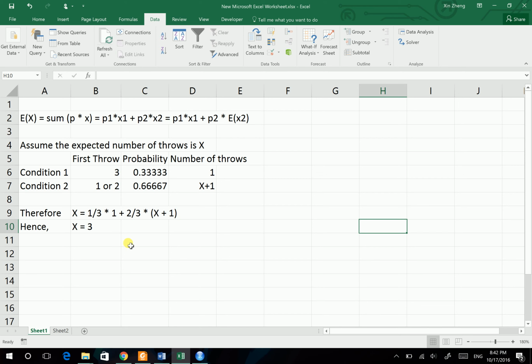So the probability is 2 over 3, and the expected value, E(x2), is x plus 1. This is why we have this equation. If you solve it, you get x equals 3. This means the expected number of throws to get 3 is 3. Okay, this is the first part.